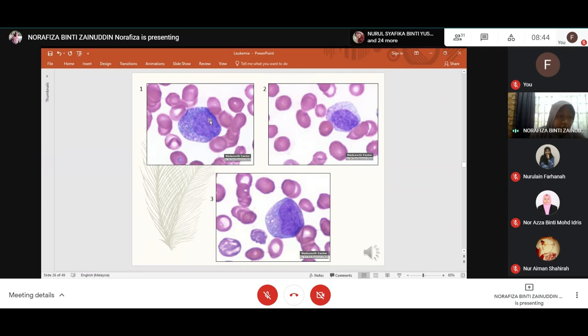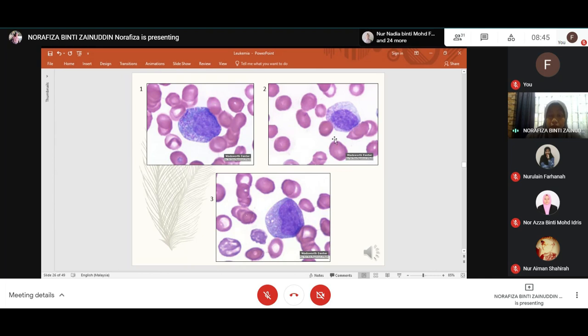The size is large. There will be granules, and these granules, if you stain with peroxidase, are peroxidase positive. And the cell size is around 12 to 20 micrometers. And the nucleus to cytoplasm ratio is high, usually from 3 to 1 to 2 to 1. Meaning the nucleus is big, the cytoplasm is less.